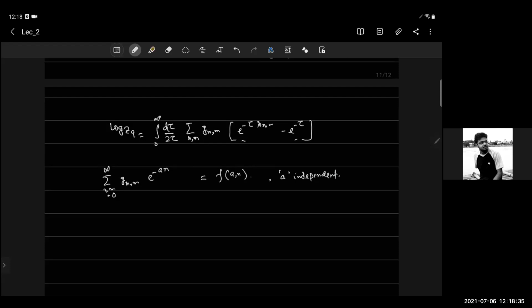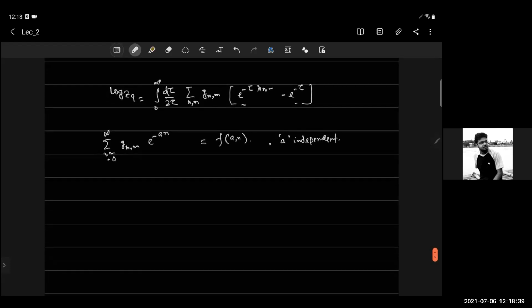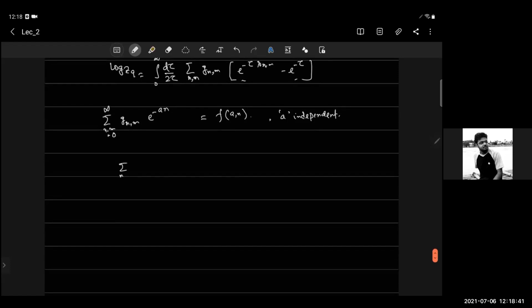That's how we also use the zeta regularization prescription for the sum over n. I'm collecting the a independent term because it's the regulator independent term. Okay, any question here?